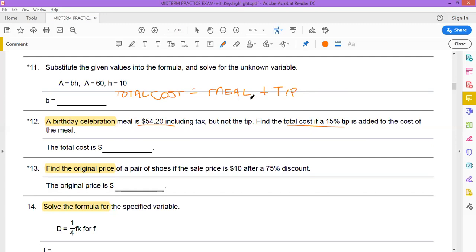Now we already know what the price of the meal is. It's given to us. It's $54.20. We just need to find the tip, right?